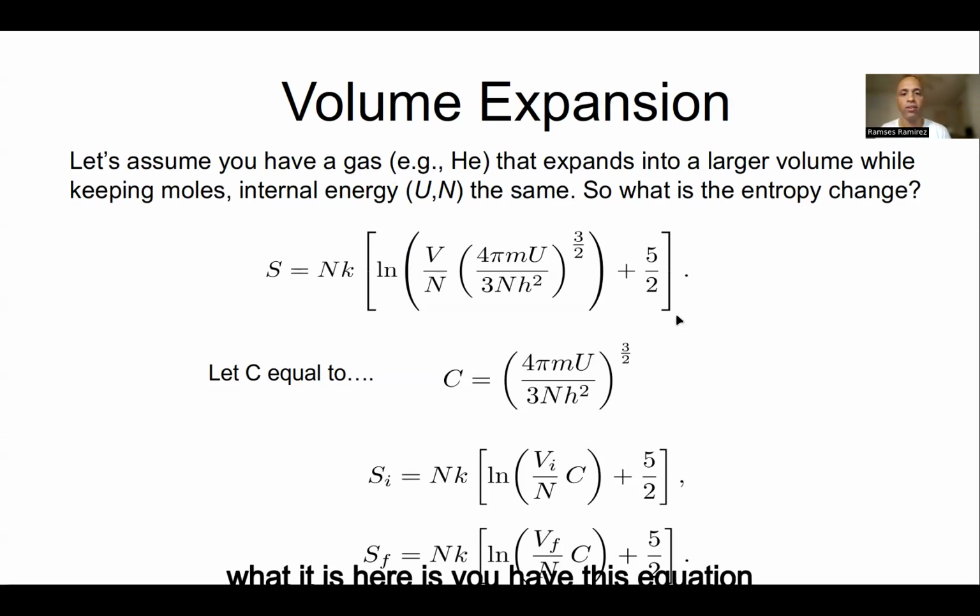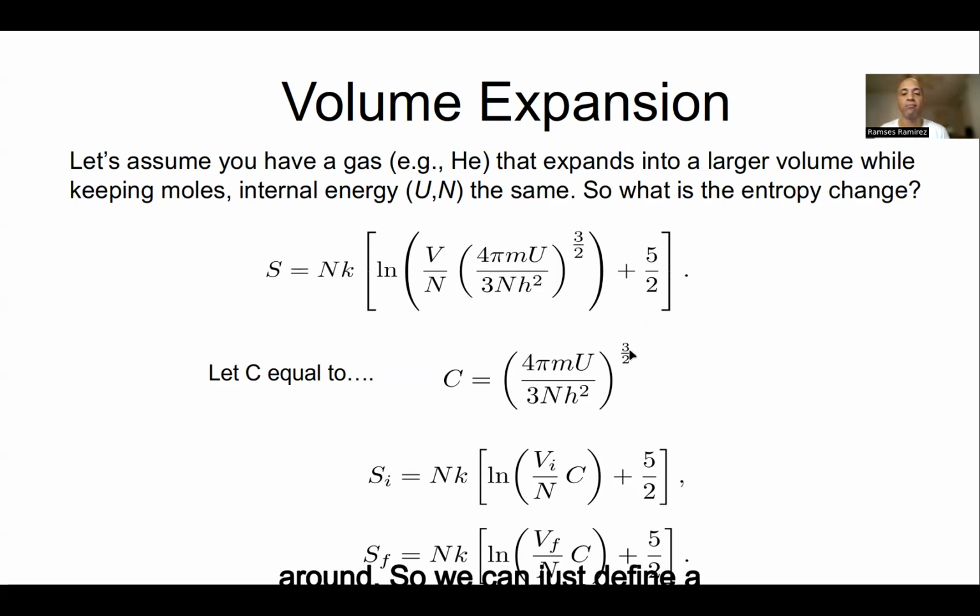What we have here is this equation, right? And one thing we can do to make our lives easier is to look at this term here, 4 pi m over 3N h squared, to the 3 halves power. These are just constants, right? We remember internal energy is fixed, N is fixed, and these are just constant terms all around.